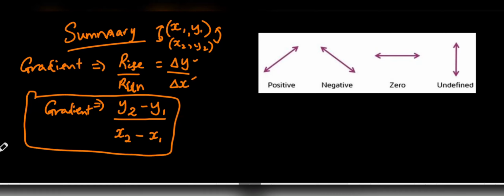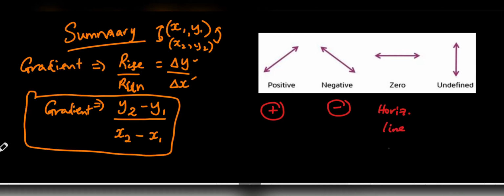Now, in essence, let's summarize the different types of gradients that we can possibly get. Our positive gradient. So whatever answer we get for our slope going along a diagonal going right, this is our positive gradient. So we're always going to get a positive value for gradient. Negative gradient, once the slope is in this general shape, we get a negative value. Zero gradient, this is of course a horizontal line.